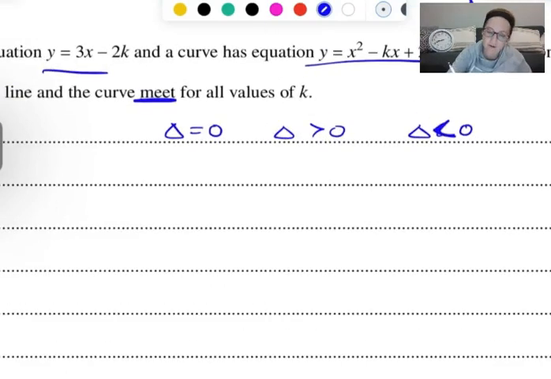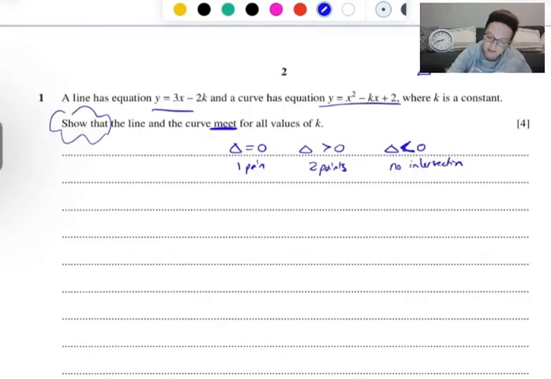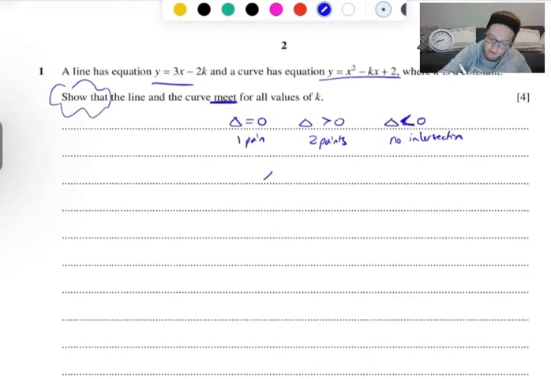If it's less than naught, there's no points of intersection. If it's equal to naught, there's 1 point. And if it's greater than naught, there's 2 points. So in this case, we need to show that the discriminant is greater than or equal to naught, because whether it hits once or twice, it's still in contact.